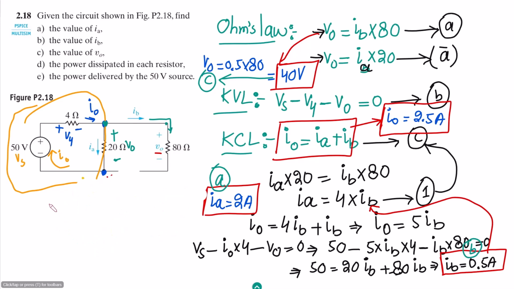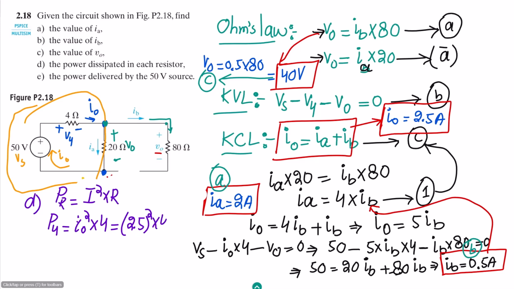For the power dissipation, we know the formula. To find the power dissipated in each resistor, it will be I square into R. Across the 4 ohm, it will be P4, which is I naught square into 4 ohm. The value of I naught is 2.5, whole square into 4.